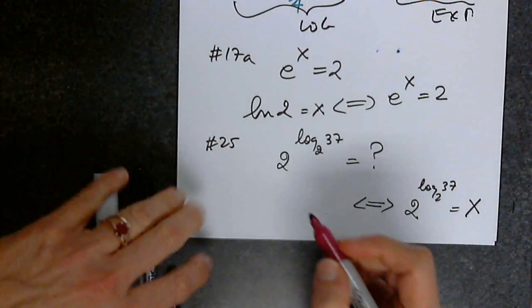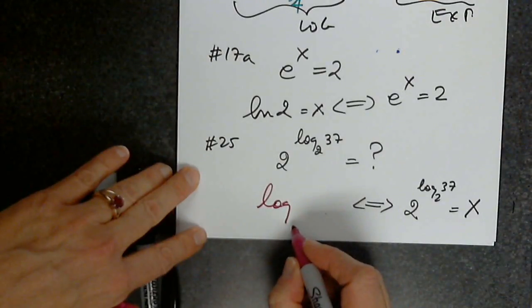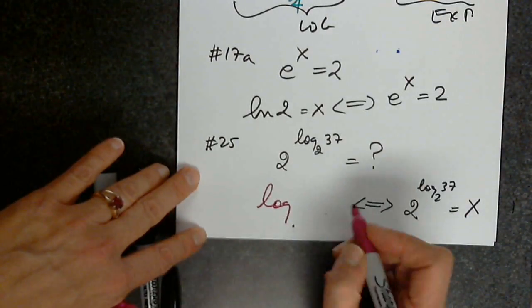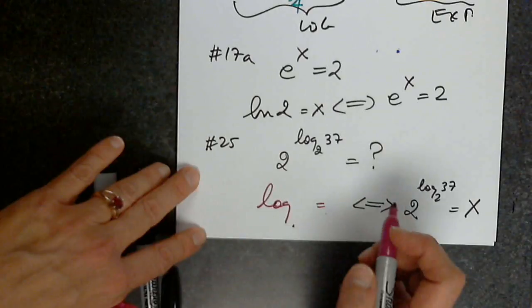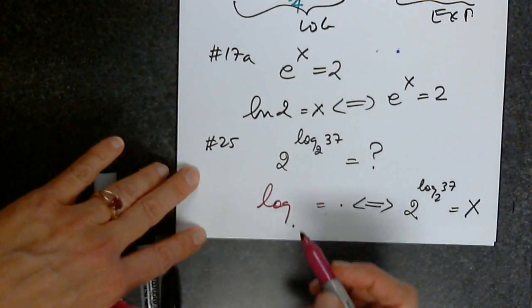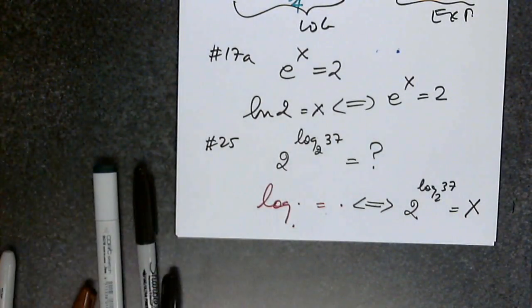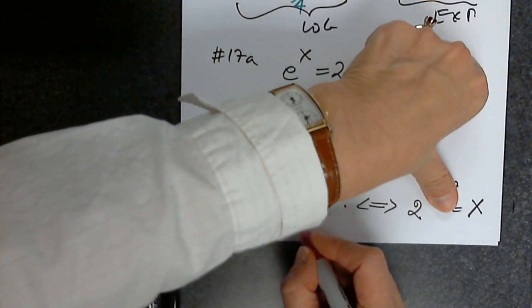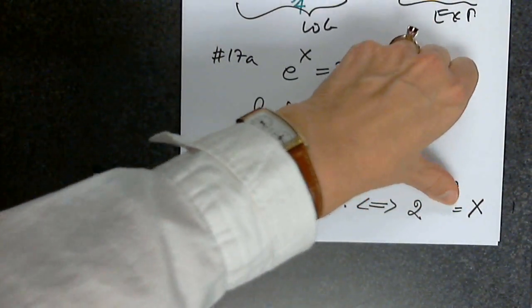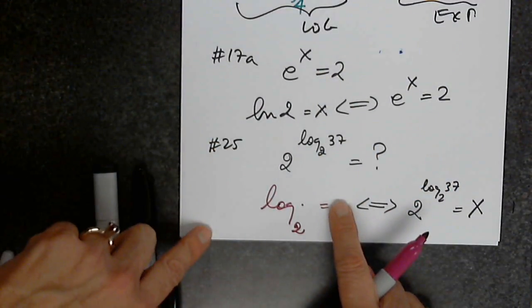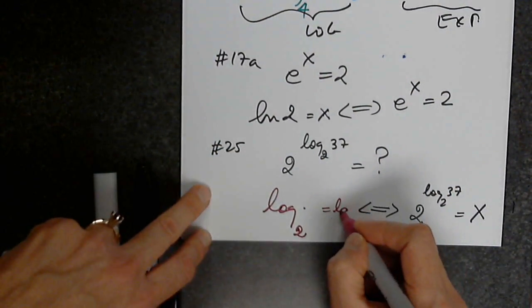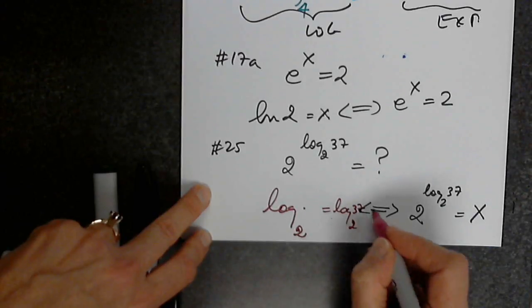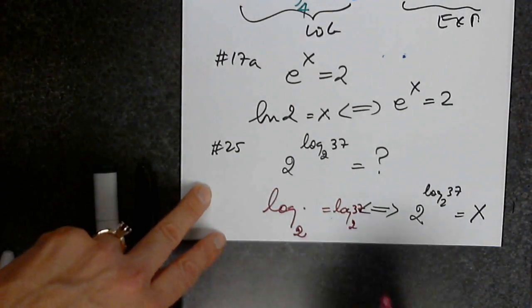So remember, we have log, we have to have a base, we have to have something after the equal symbol, a number or a quantity here, and a number or a quantity here. What is the base? 2. What do I raise it to? What should I put here? Very good. Excellent.